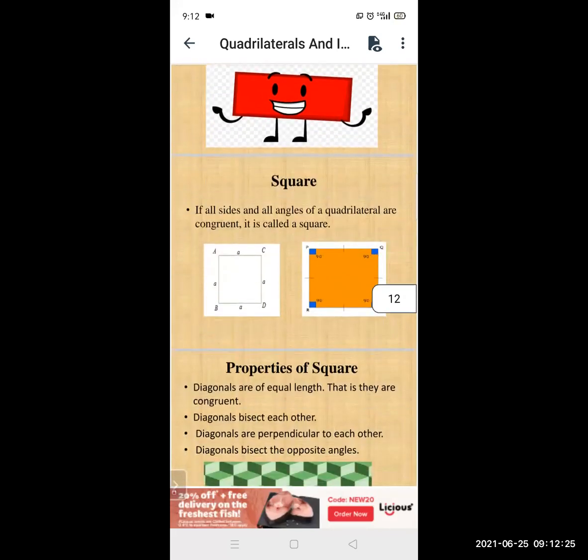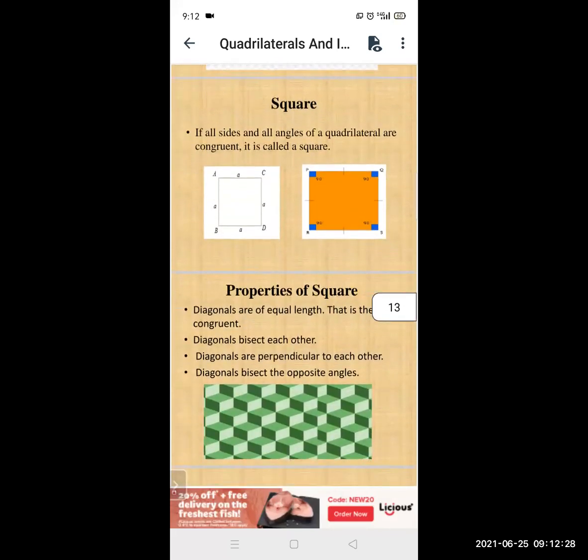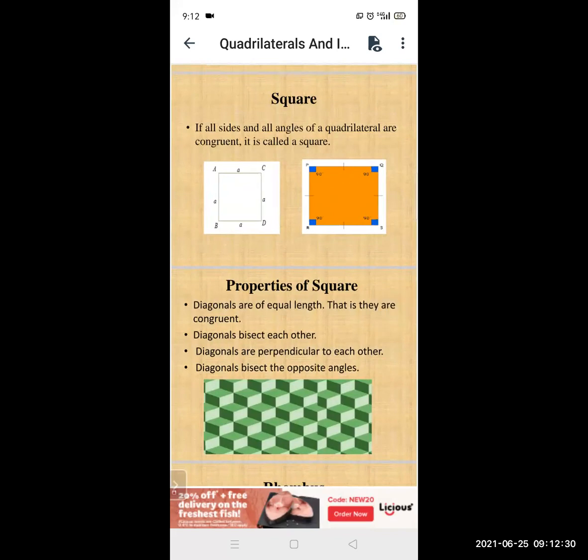So the next one is the square. We have already learned all these things. We are going to revise so that you can understand it properly when the lecture starts.